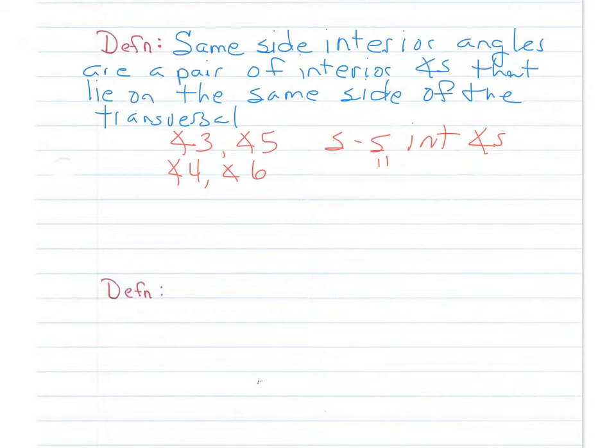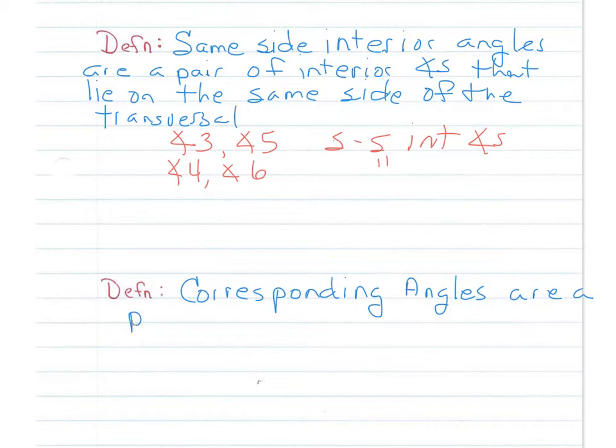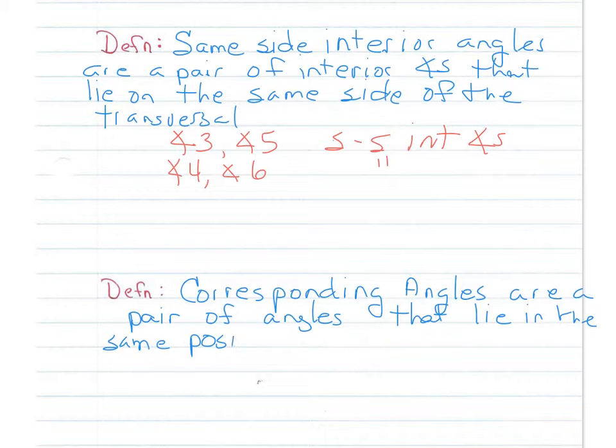Next definition is corresponding angles, or a pair of angles which lie in the same position relative to the lines that form them.